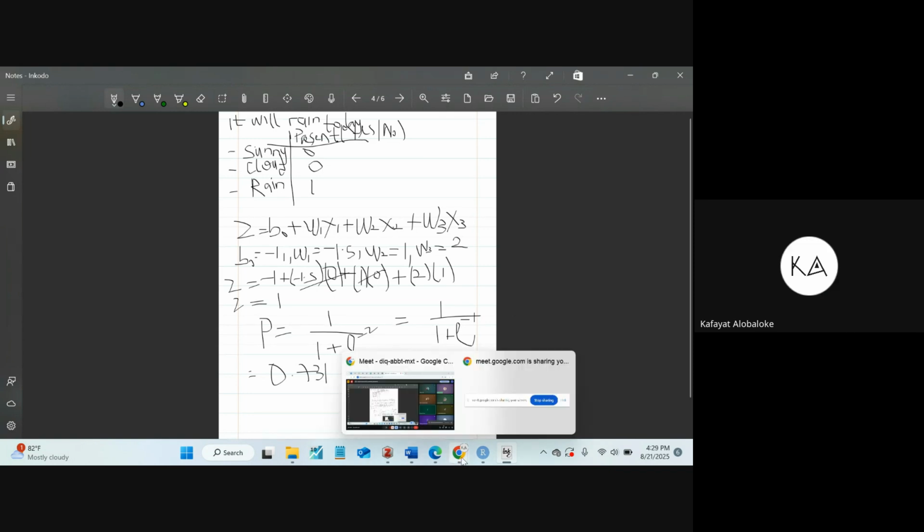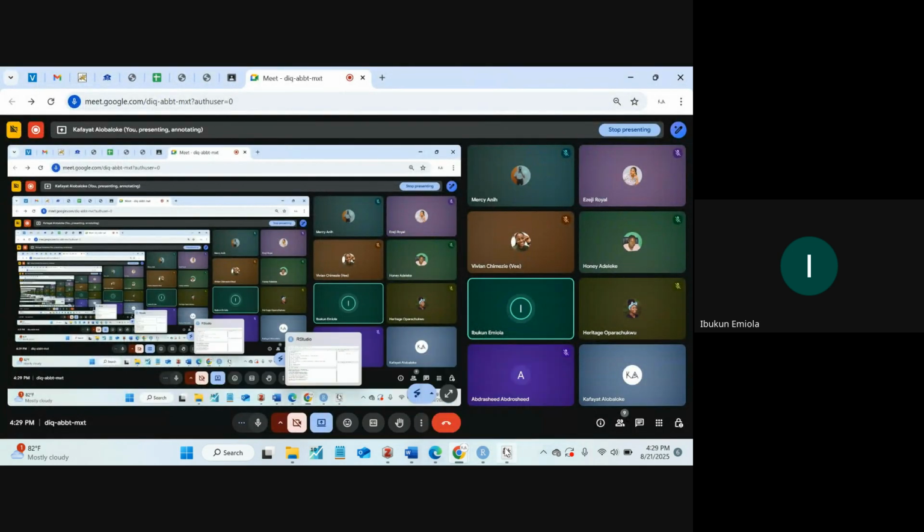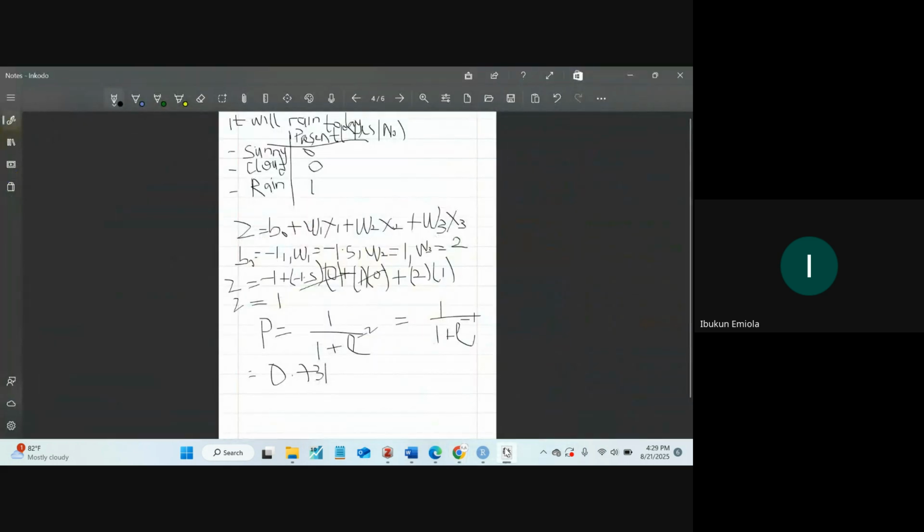Okay. All right. It means that the kind of problem we are solving will determine in the final analysis the decision rule. In the last class, I remember that it was positive or negative. That was the decision rule. But today we are talking about whether it is classified as a weather or not.